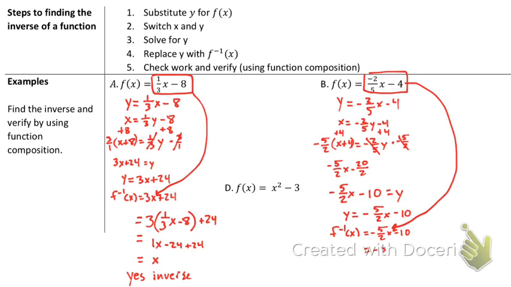So we have -5/2, and instead of x, we put our original function, -2/5x minus 4. We can't forget the 10.